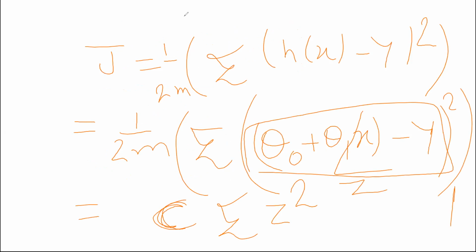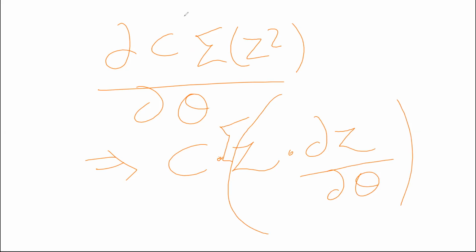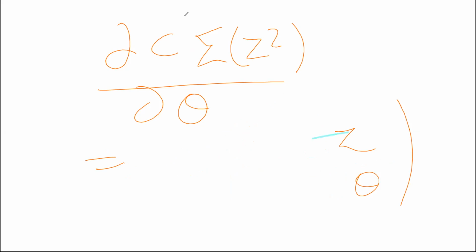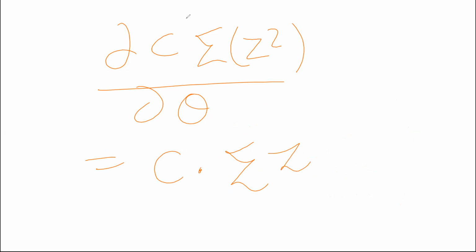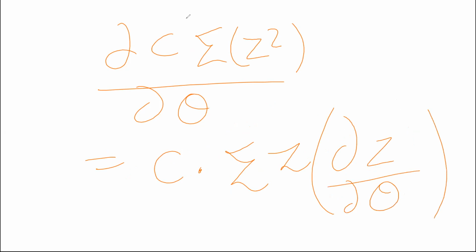So c comes outside, the summation stays, and we take z along with the derivative dz upon d theta. The same thing is used there.